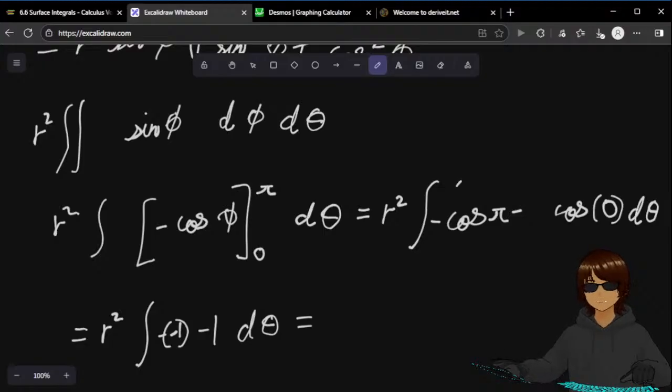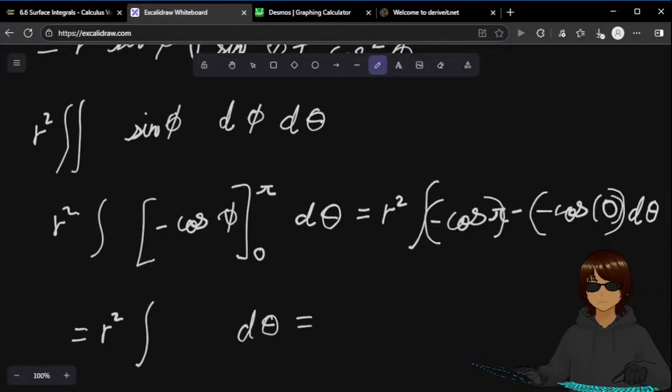Okay, I think I know the issue. Minus cos pi minus, this was the issue. Negative 1, negative 1. Now it makes sense.